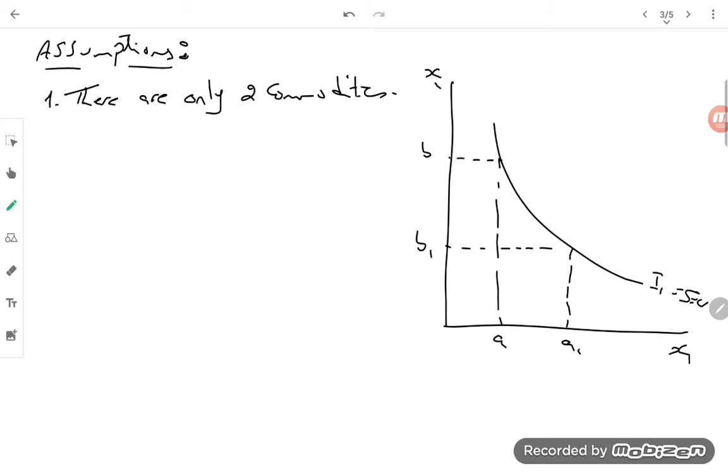x1, which is any product, and x2, all other goods.